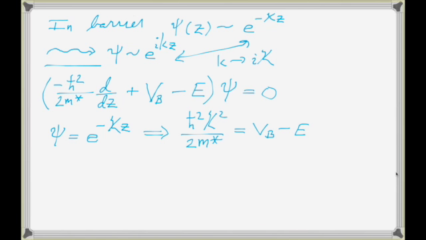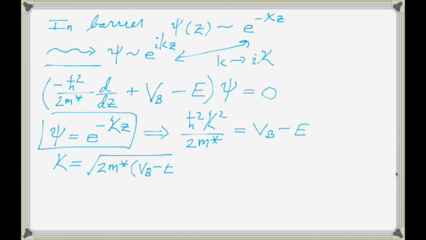And so that becomes your eigenvalue equation relating energy to kappa, and you get exactly what I wrote on the previous slide: when you're below the top of the barrier, this is the form of your wave function, and kappa is square root of 2m star times VB minus E over h bar squared, where E is less than VB.